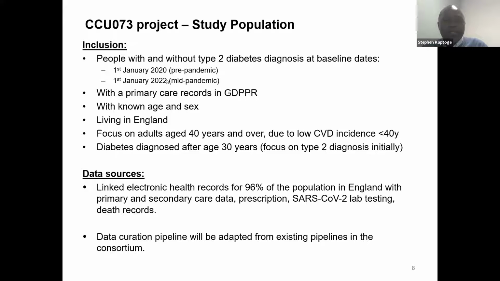Therefore, the first start date is 2020, if we're able to update coverage in a time-dependent manner, or we start in 2022, which is the mid-pandemic, in which case we will have people with a history of COVID diagnosis. We will include everybody in the primary care records living in England. And to distinguish type 2 from type 1 diabetes, we will either use the codes available, or if it's not immediately clear, we will probably take a cutoff of 30 years to focus on type 2 diabetes in the first instance.